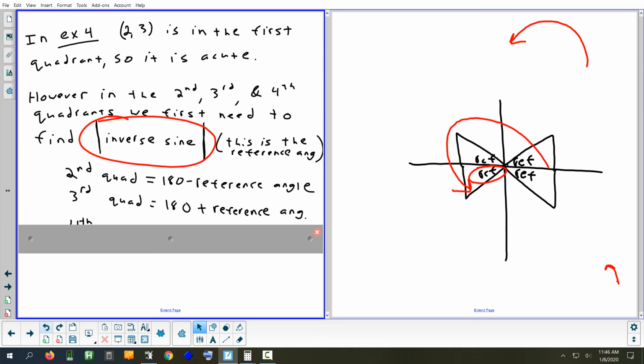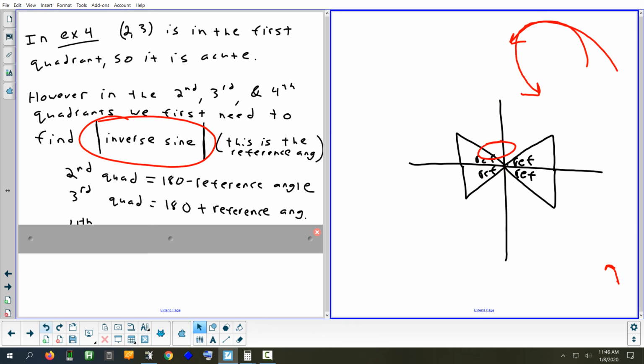All right. Now, let's say they give you a problem and it ends up being an answer in quadrant 4. They're going to want to know this. How could you get an answer in quadrant 4 if you know the reference angle? 360 minus.